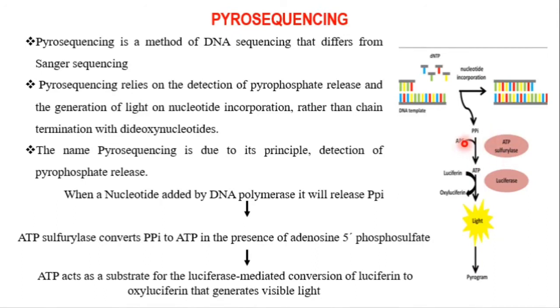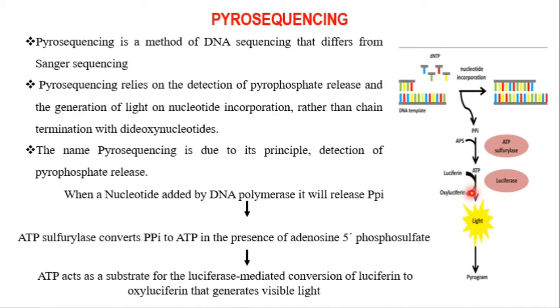This ATP will be used as a substrate in the reaction converting luciferin into oxyluciferin by the enzyme luciferase, which converts luciferin into oxyluciferin by using ATP.